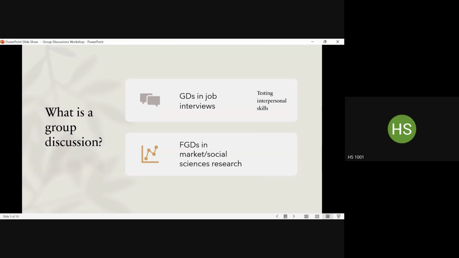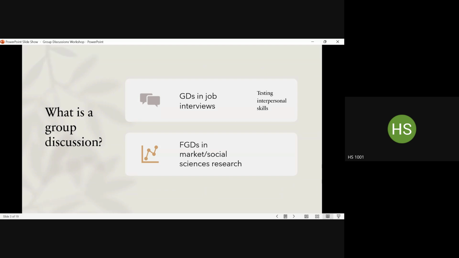interviews. There is another kind of group discussion known as a focused group discussion. A focused group discussion is not a hiring tool, rather, it is a research tool. So, it is used for market research, it is also used for social sciences research, and it tries to see why a certain group of people, let's say customers, who frequent a certain enterprise or a business, who buy a certain product, behave in a certain manner.